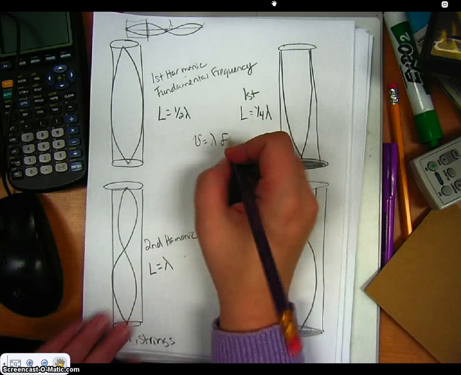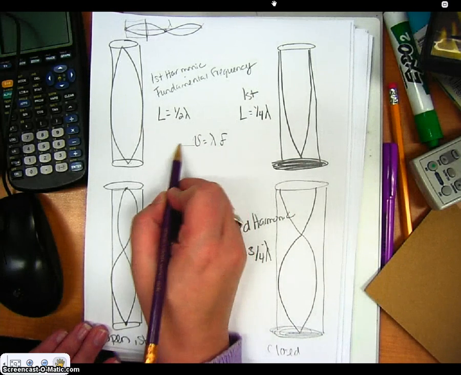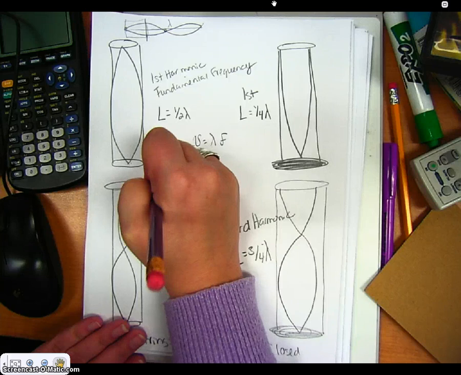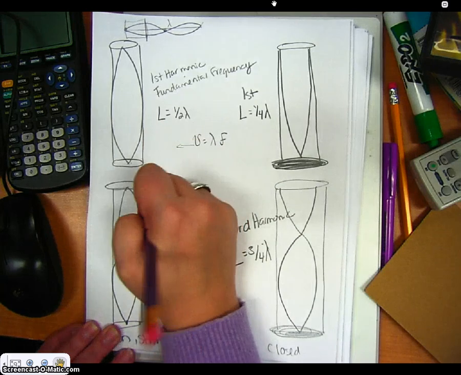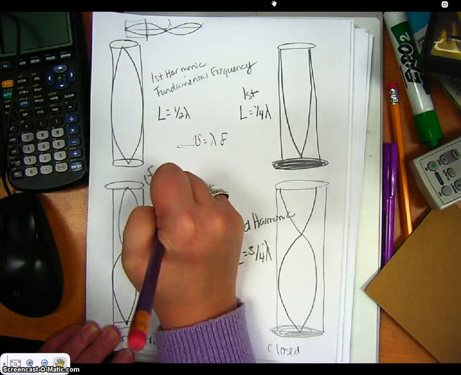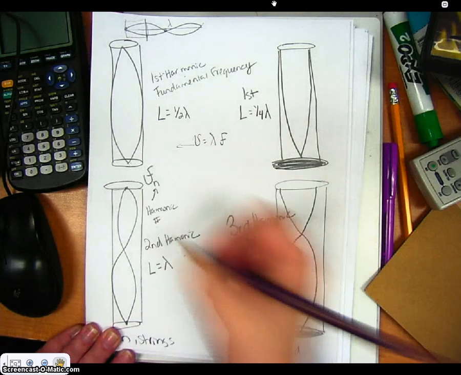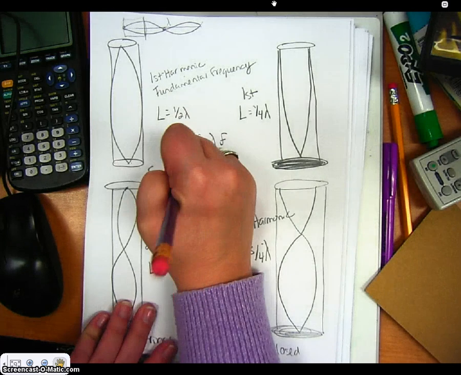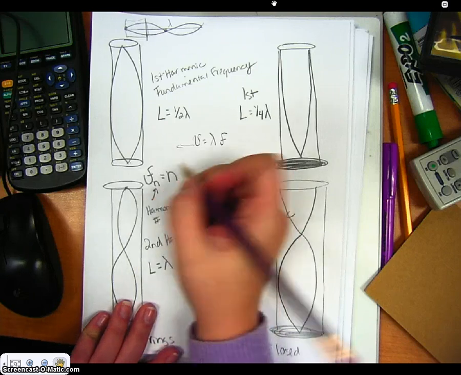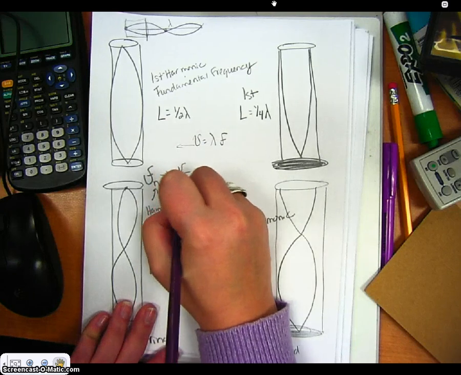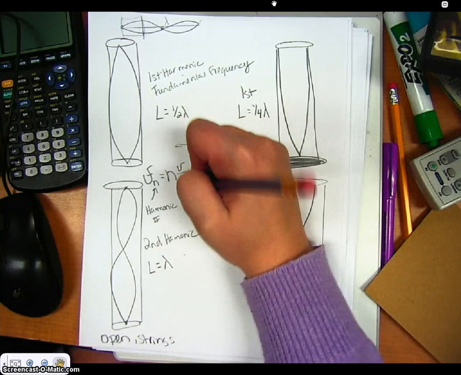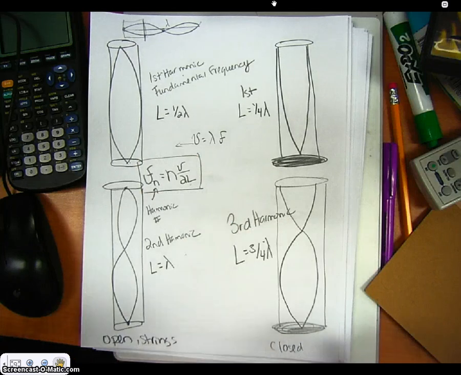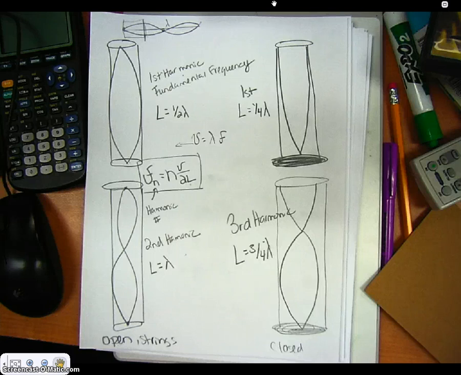So if I wanted to calculate over here, using an open column or a string, I would say the frequency at n, where n is the harmonic number, whether it's first or second harmonic, and remember that fundamental frequency is the first, is equal to n times v over 2l, or 1/2 the wavelength. So this would be the equation for solving for frequencies and velocities and sound of an open column musical instrument.